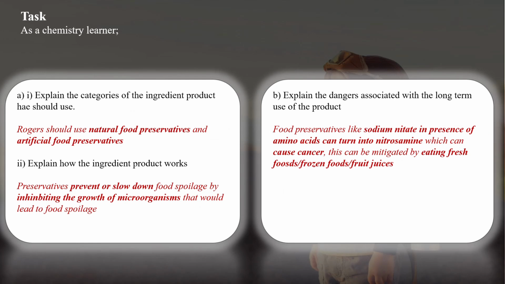Then we have to explain the dangers associated with the long-term usage of the product. We give a danger, we explain that danger, then we mitigate the danger. Food preservatives like sodium nitrate, in the absence of amino acids, can turn into nitrosamine, which can cause cancer.